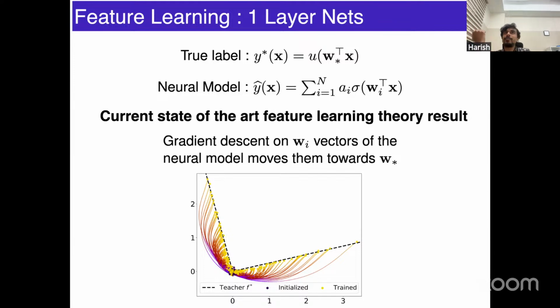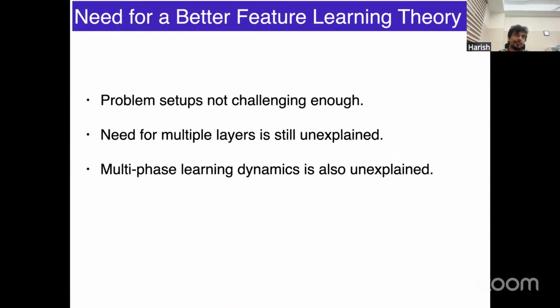There are single index model methods. If you knew that your y star of x has this structure, you would use single index model learners, which can perform well on this type of data. So deep networks are not the natural option here. That's the first point.